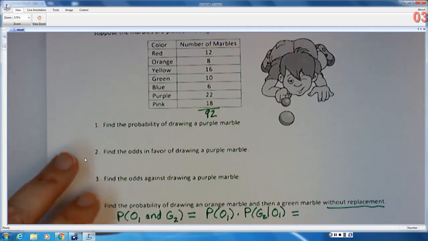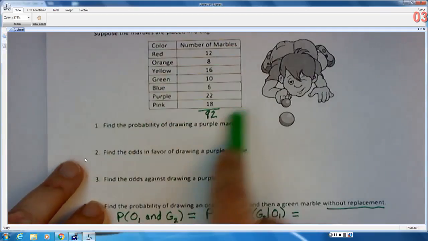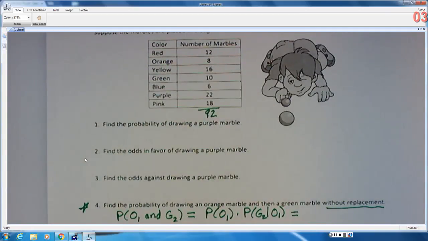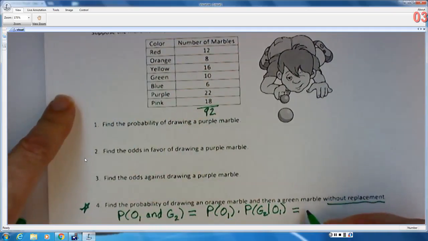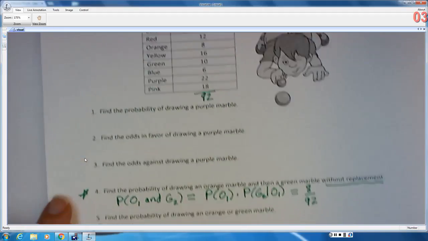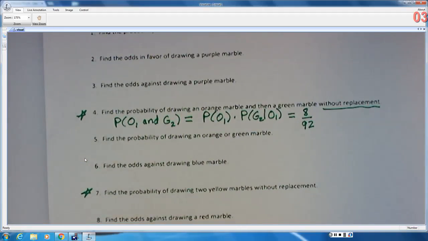So probability on the first pick of picking an orange marble, you're picking out of 92 marbles. So how many orange marbles are there? 8. So you have 8 chances out of 92. And don't reduce that fraction, just leave it unreduced. You have 8 chances out of 92 to pick an orange marble on the first pick.